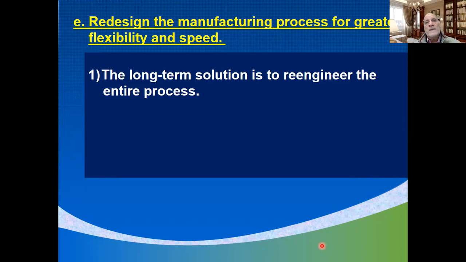Re-engineering. The long-term solution is to re-engineer the entire process, which means that the firm should take advantage of new technology. Product lines requiring too much effort should be dropped, and remaining products should be redesigned to ease the manufacturing process.